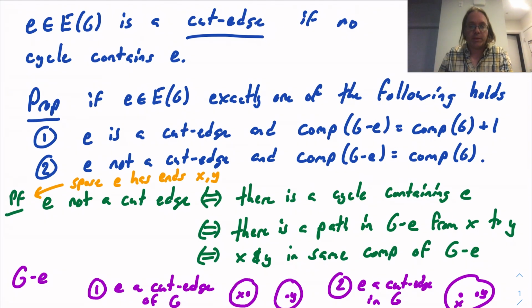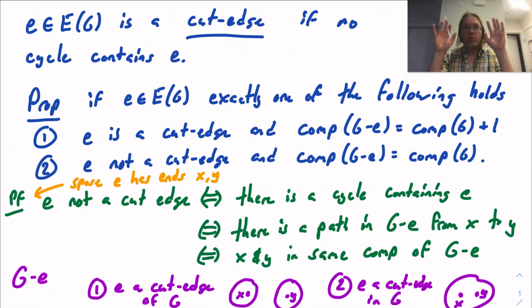And with this, we can complete the proof, which I'm now going to do just in words. So if we are in the first case and you have a cut edge, then in G delete E, x and y are in two separate components. That means when you move from G delete E back to the original graph G by adding back the edge E, you have a component here, you have a component here, and you're adding back one edge in between them.